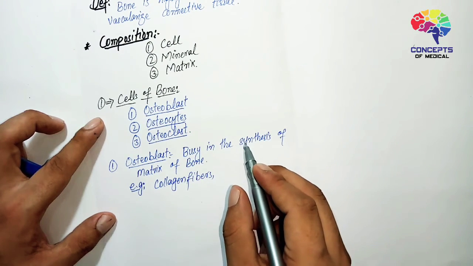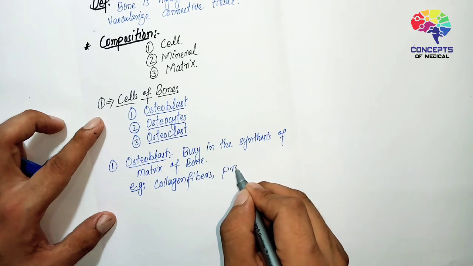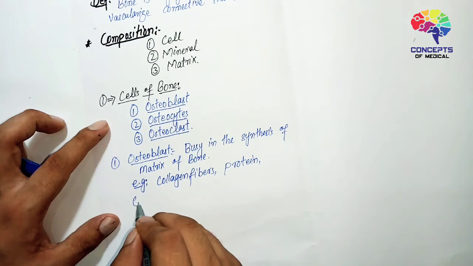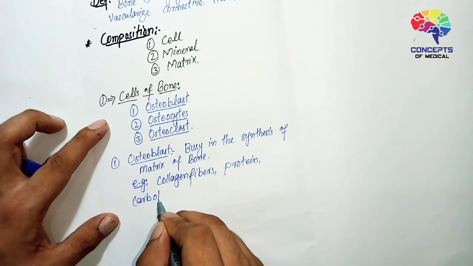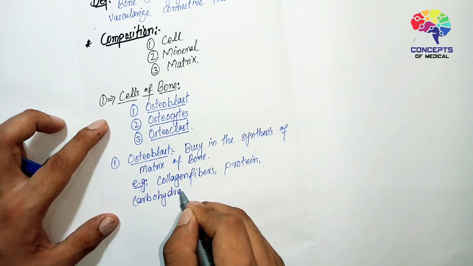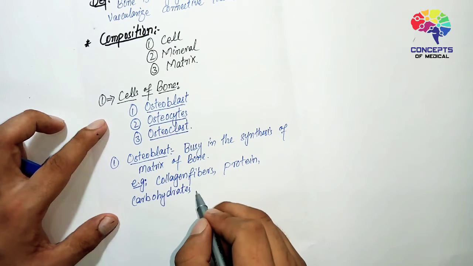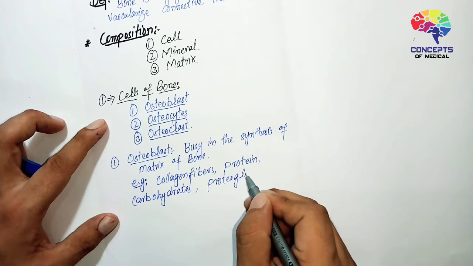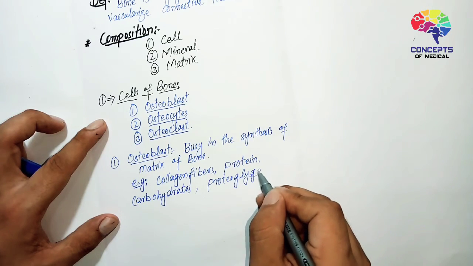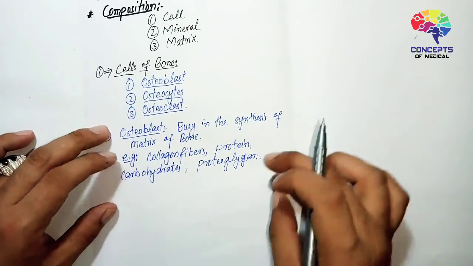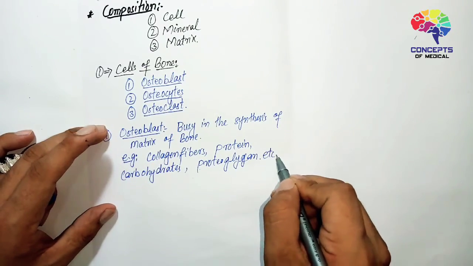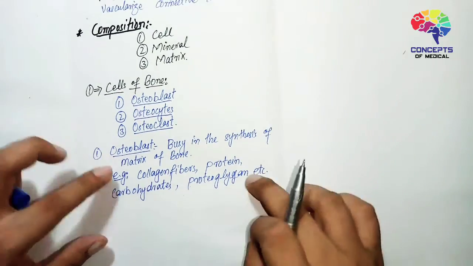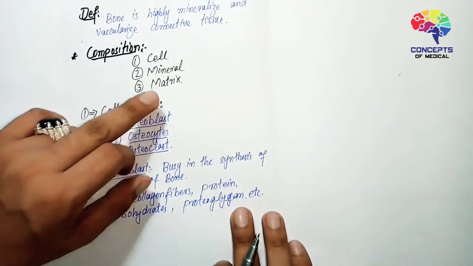Second, they also synthesize proteins. Third, they also synthesize carbohydrates, and also proteoglycan. These were just examples, all these things are present in our matrix.